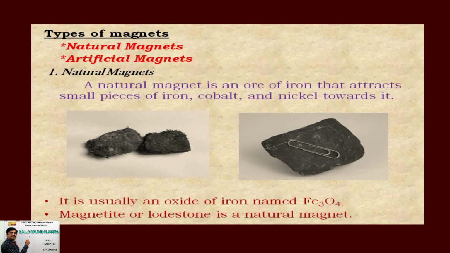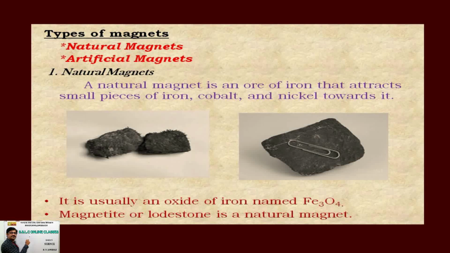A natural magnet is shown in two different pictures on your screen. So that is the example of a natural magnet. It is usually an iron oxide named Fe3O4.